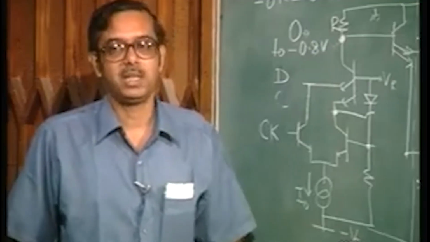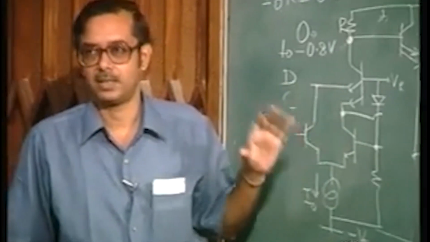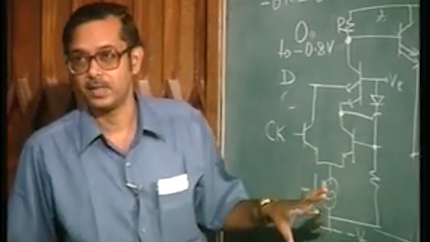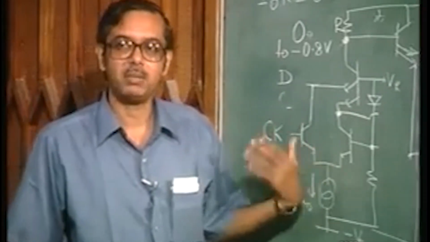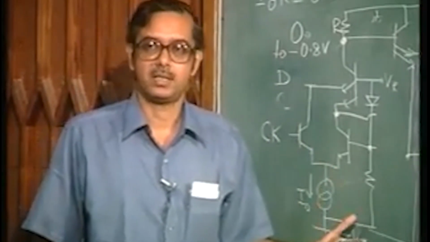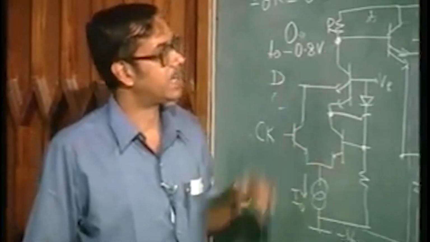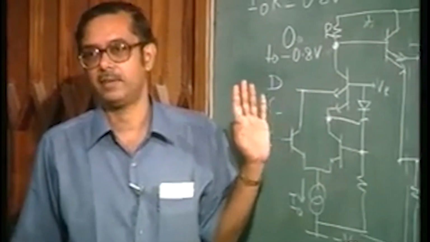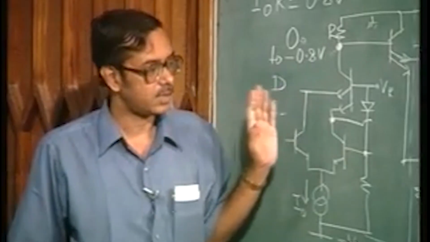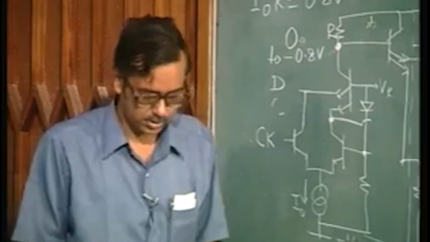Anyway, so there has been a drive to reduce the power supply voltage, which automatically means you reduce the power dissipation. So, I shall take up one more variation of the ECL family, which has been proposed very recently.